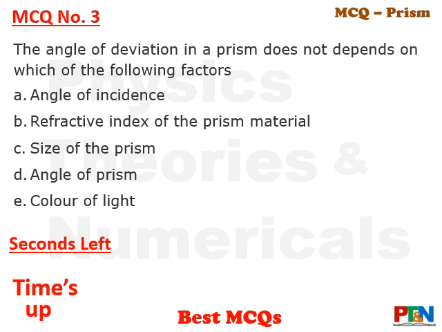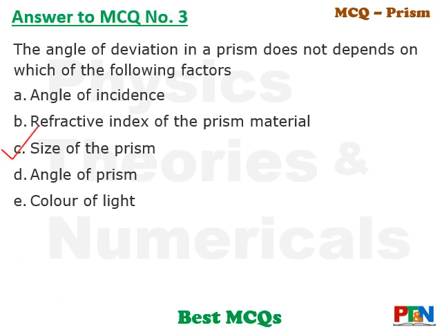Time's up. Let's see the answer. The answer is size of the prism. Size of the prism does not play any role for the deviation of a ray through a prism. Angle of prism is important, but not size of prism.